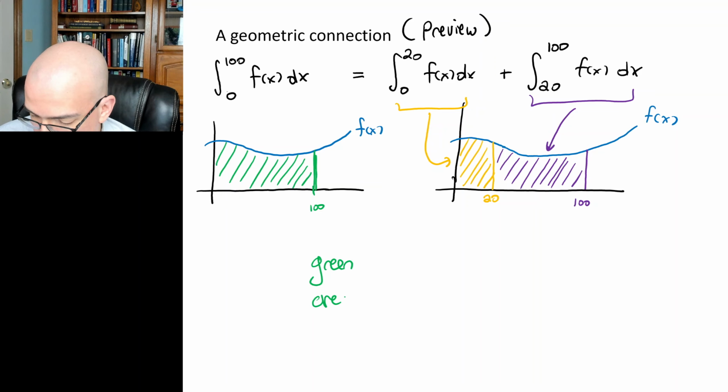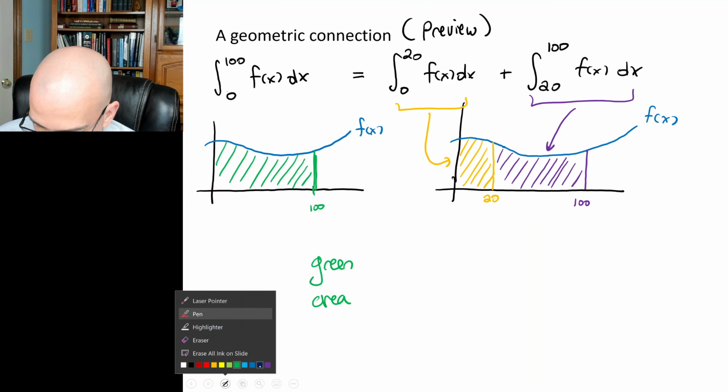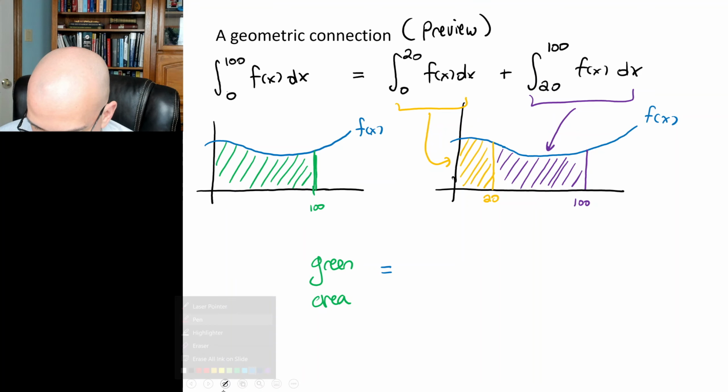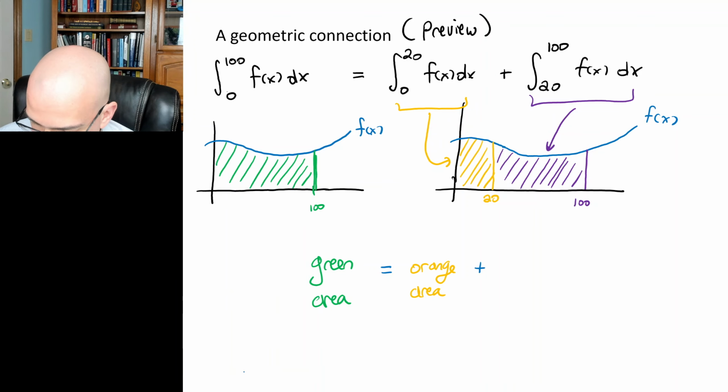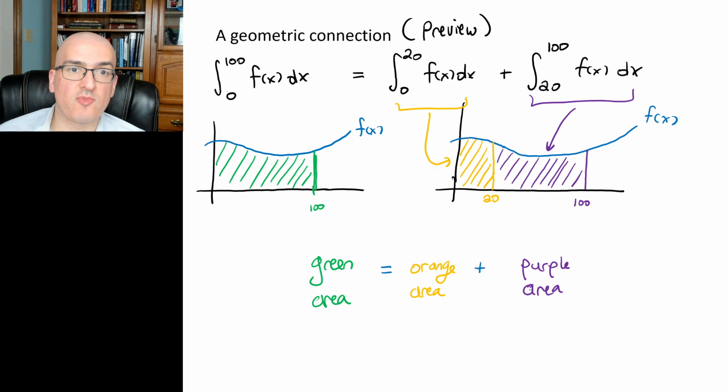Green area is equal to orange area plus the purple area. So that's a geometric reason for why that property is true. We can just split up our calculation into two calculations and add them together.